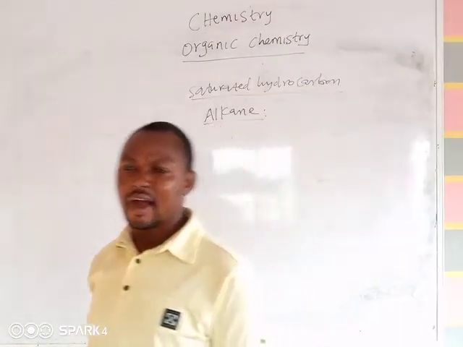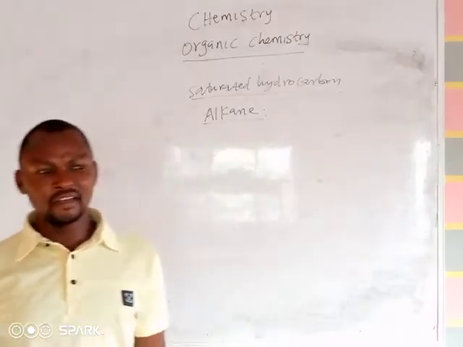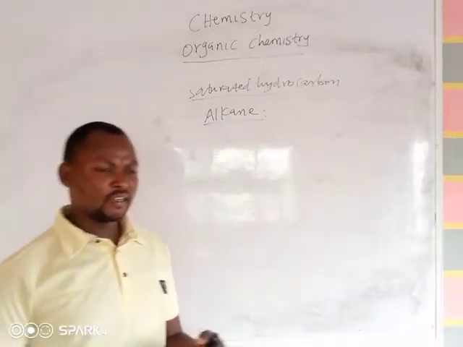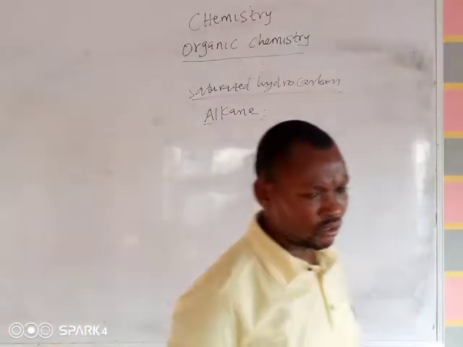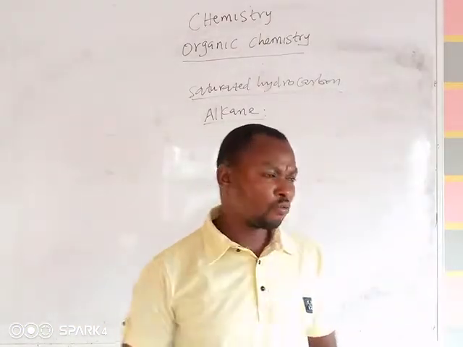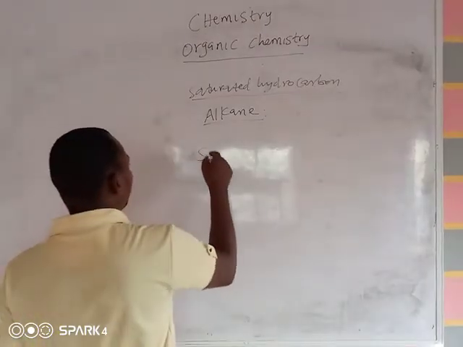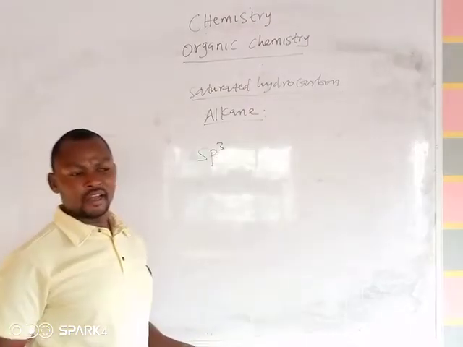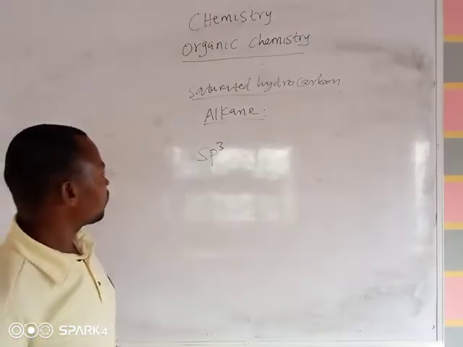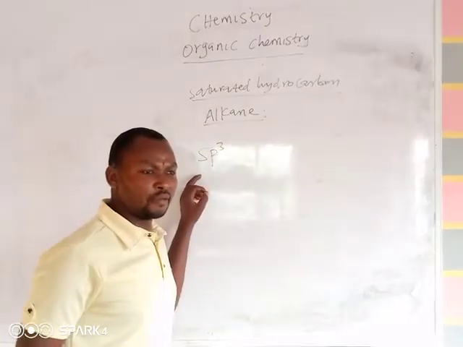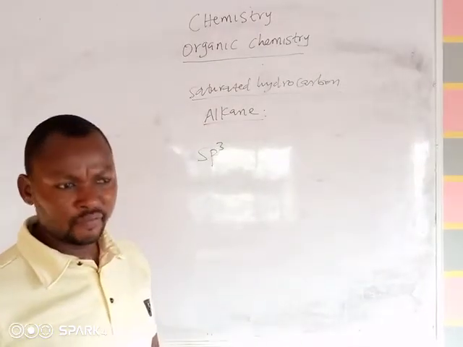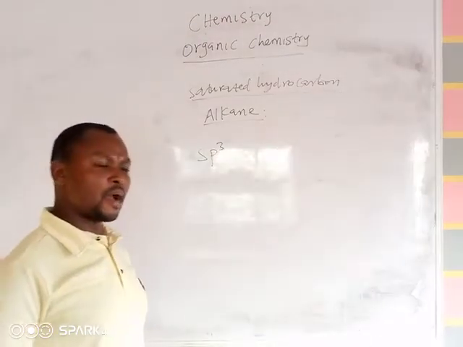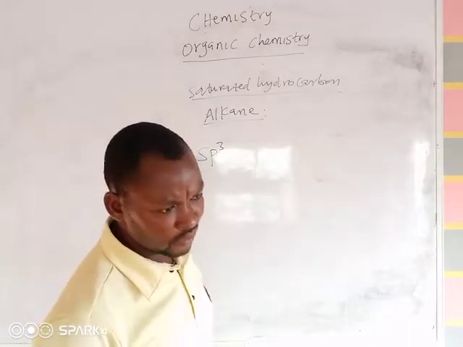Alkanes are sp3 hybridized. One of the properties of alkanes is that their hybridization is sp3. So what do we mean by sp3? We have the s, the p, the d and the f: the sharp, the principal, the diffuse, and the fundamental.